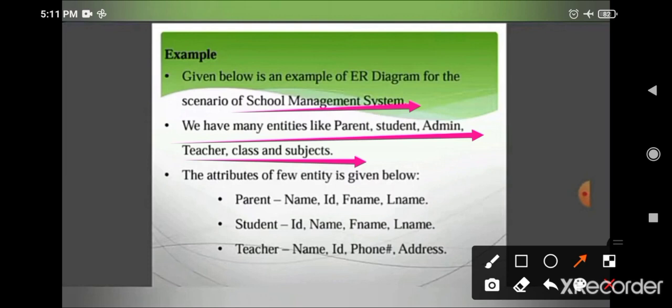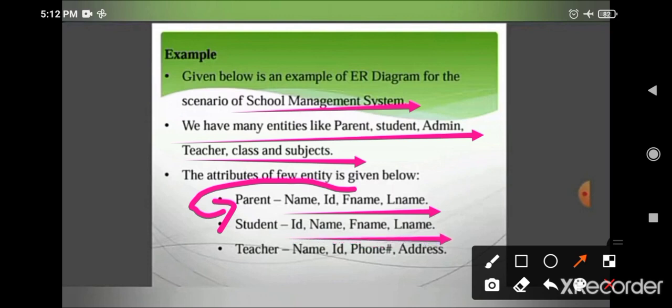The name, ID, first name and last name are the attributes for the parent entity. The ID, name, first name and last name are the attributes for the student entity. Can you understand the concept? Similarly, name, ID, phone number and address are the attributes for the teacher entity. Can you understand the concept now?